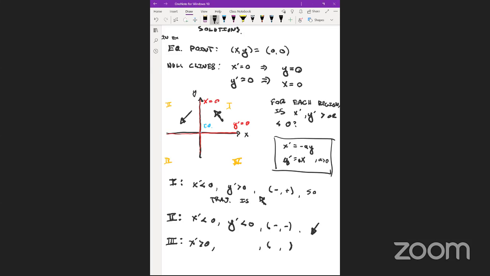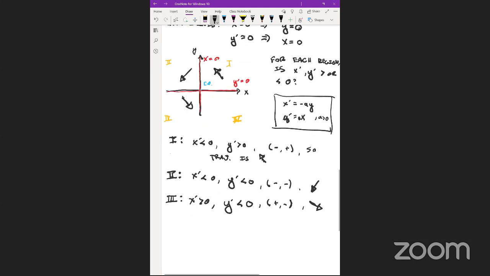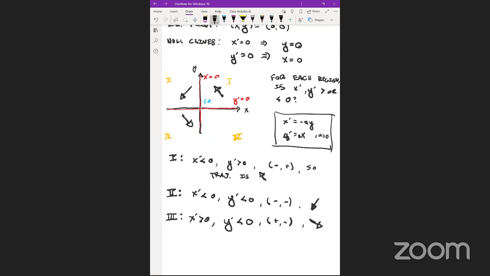Y prime less than 0, exactly. And so the little symbol here is positive, negative. So we're increasing in the x direction, decreasing in the y direction. And we get that. Again, this is just a little rough sketch. And then what about region 4? Plus, plus, exactly. Increasing in both x and y.